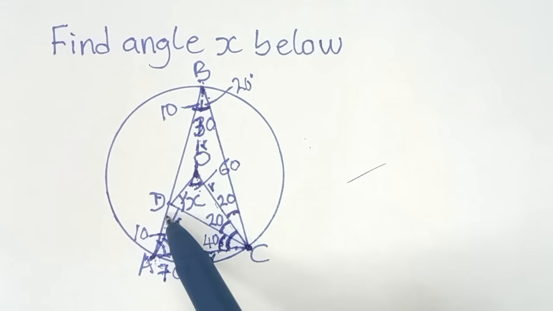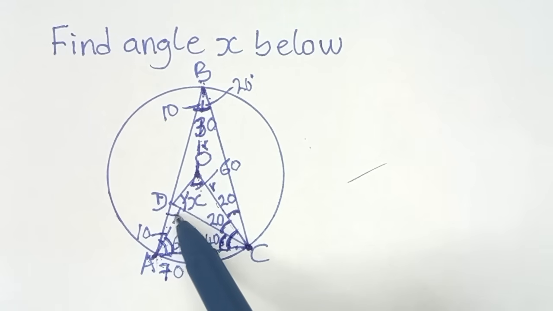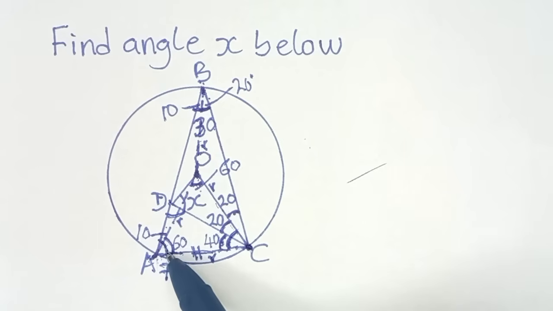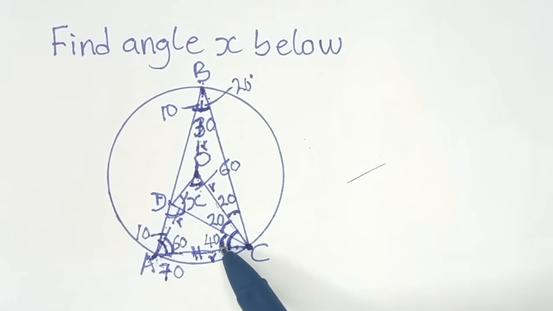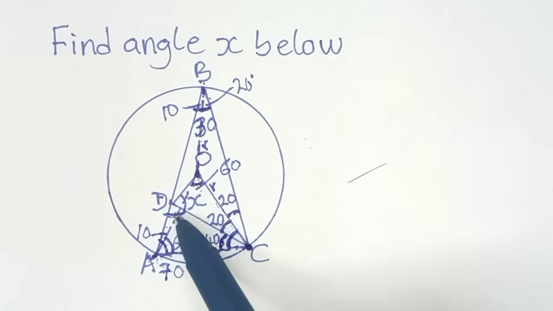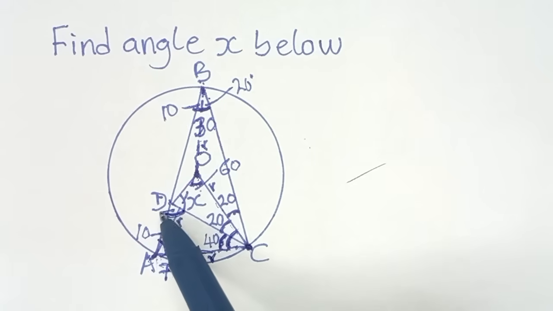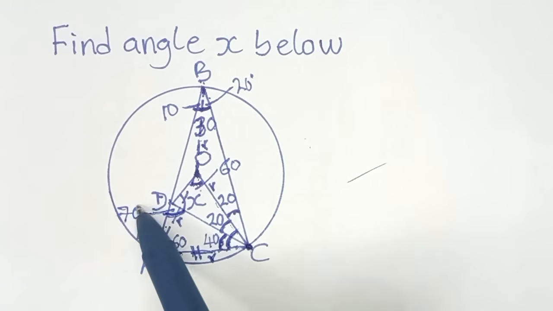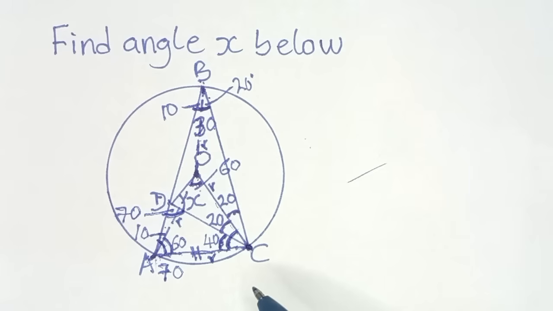So that means this angle at this side, don't forget I'm using triangle ADC. So this is 70, this is 40. So this remaining angle here will be 70 degrees as well. Hope you are following it.